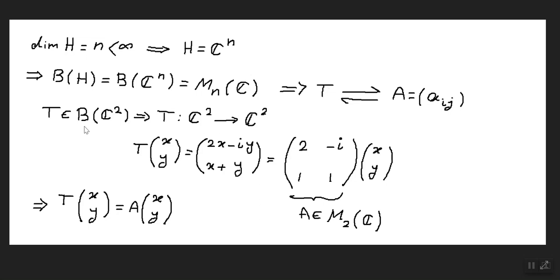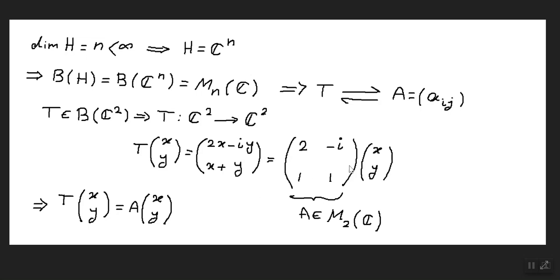For example, look here. Let's say we have a bounded linear operator on C^2, a two-dimensional Banach space, or more precisely, a two-dimensional complex Hilbert space. T maps the vector (x, y) to (2x minus iy, x plus y). You may write this vector as a column vector or row vector, it doesn't matter. Do you agree with me?